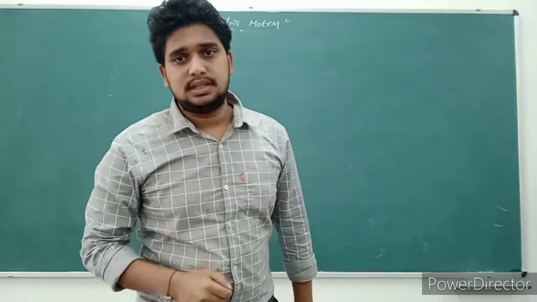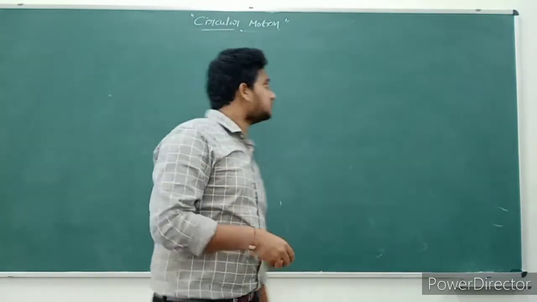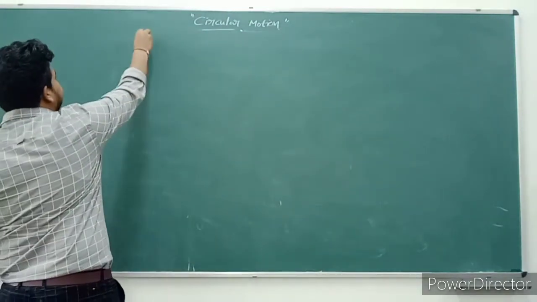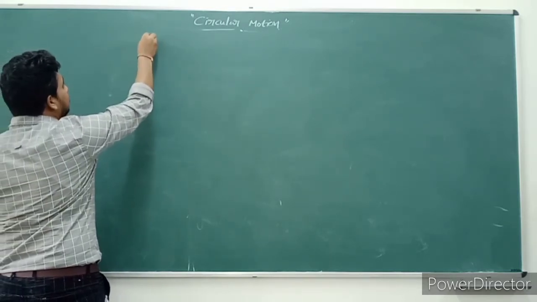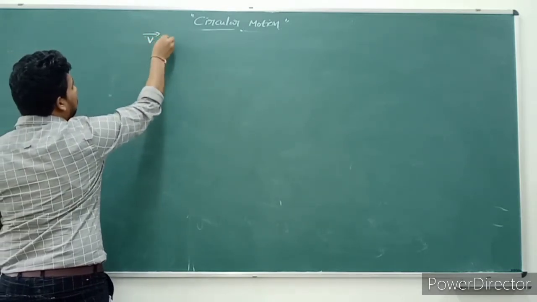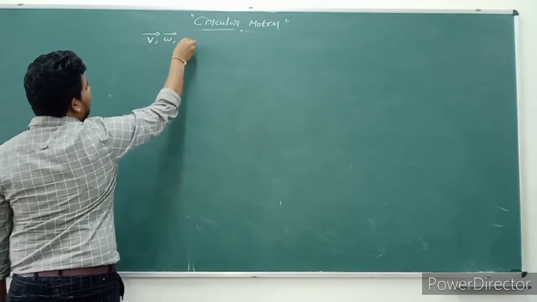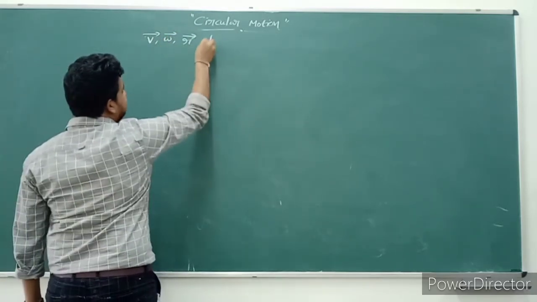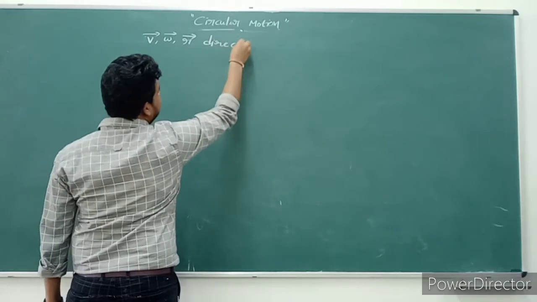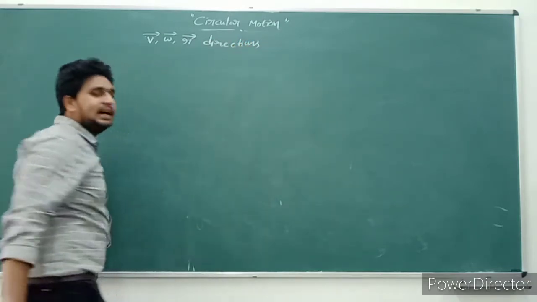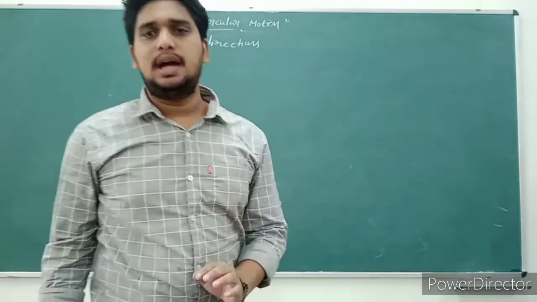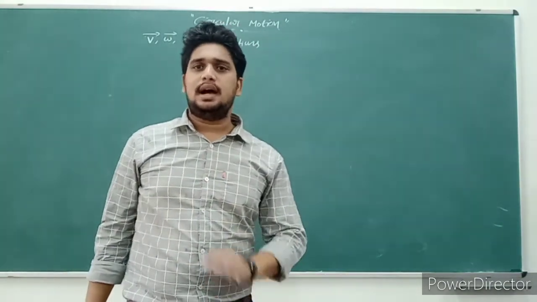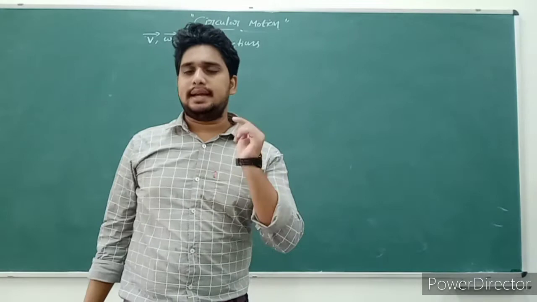Today we will start with the directions of V bar, omega bar and R bar, how we indicate directions and what the relation between V bar, omega bar and R bar is. After that, I am going to discuss angular acceleration.